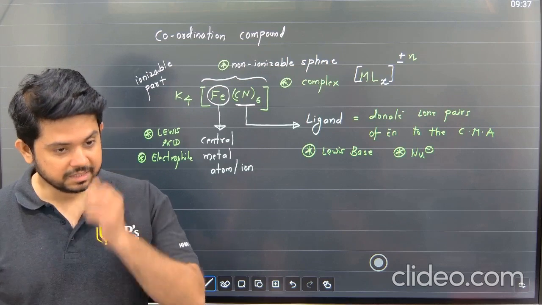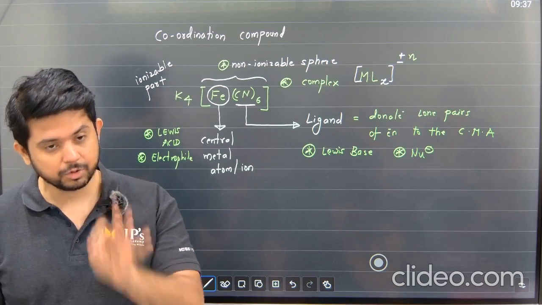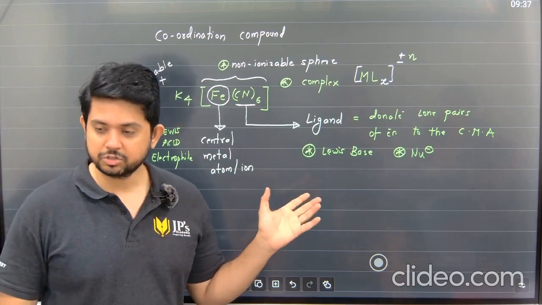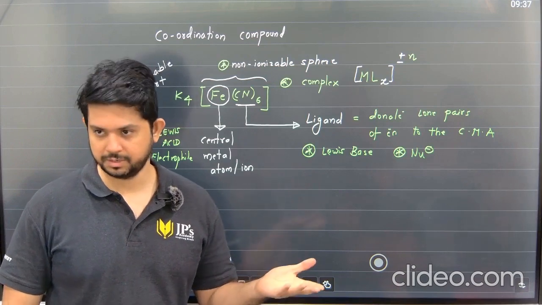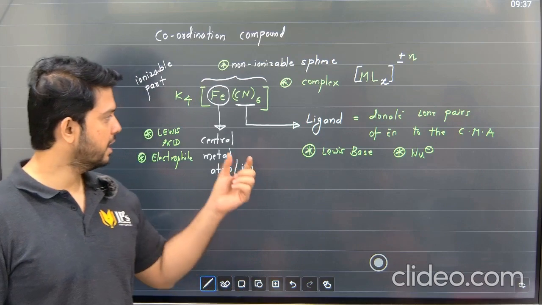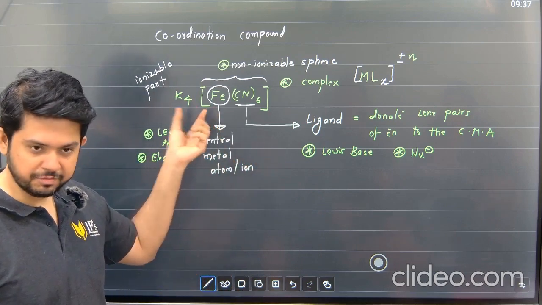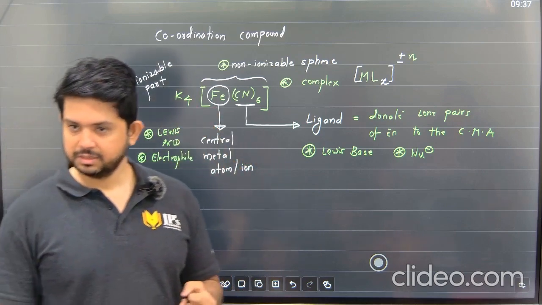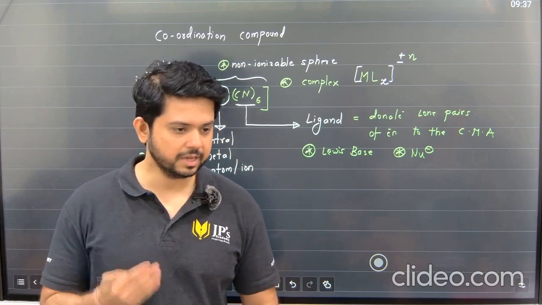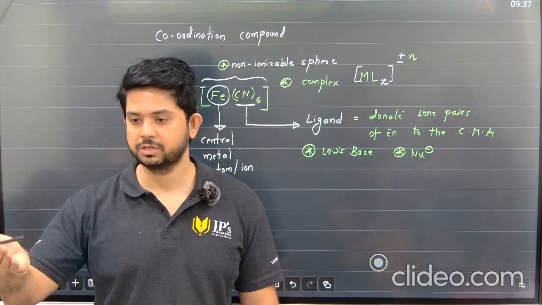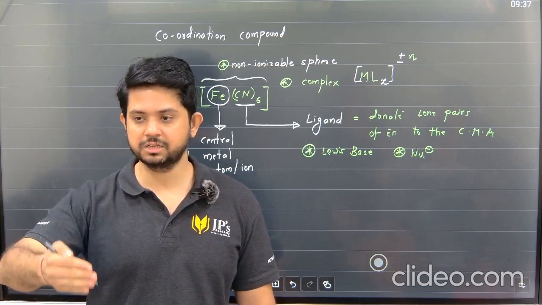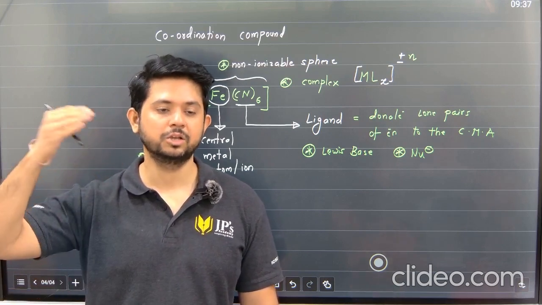So there's a reason why you have an exact number of ligands present. This is called the effective atomic number. So if you ask why Fe is accepting these electrons, it is very obvious: it wants to reach the nearest noble gas configuration.